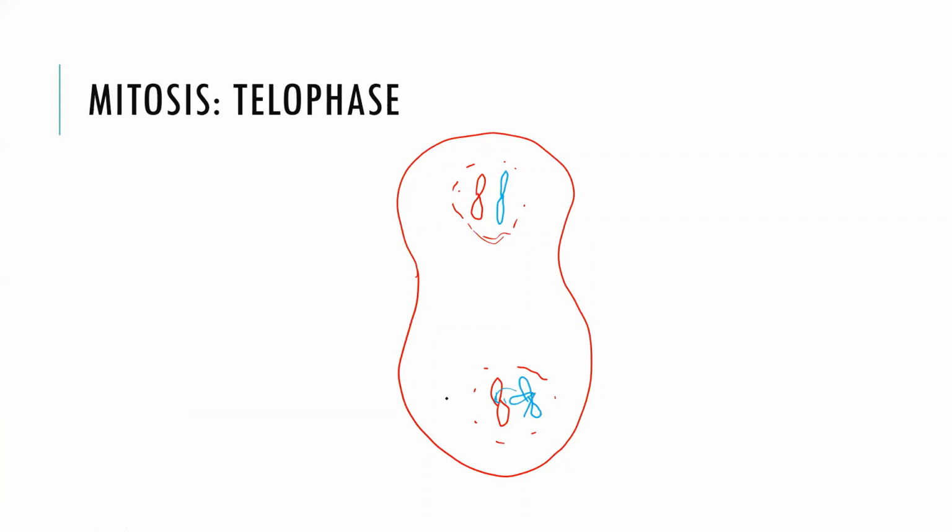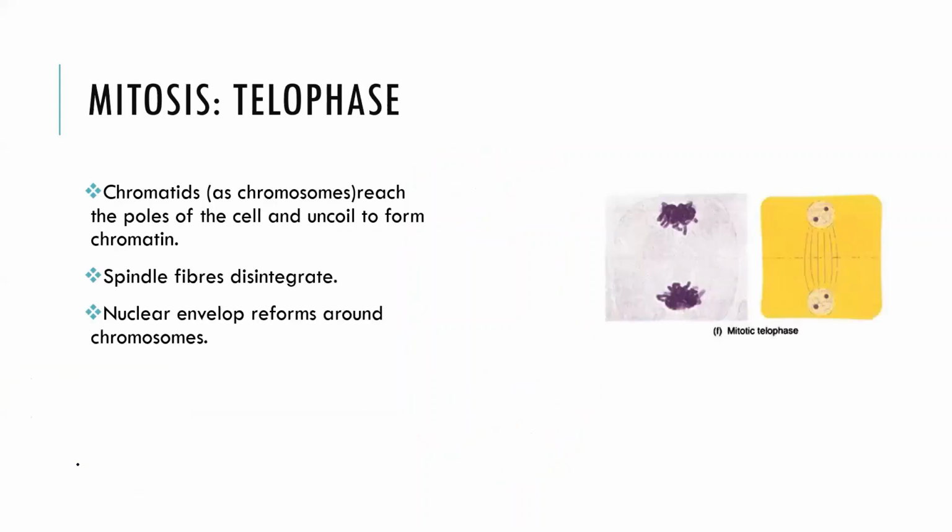And these middle fibers, they also start to degenerate. So here you can see the chromatids at the opposite poles of the cell, and the spindle fibers degenerating, and the nuclear envelope reforming. Right? So then you have cytokinesis.